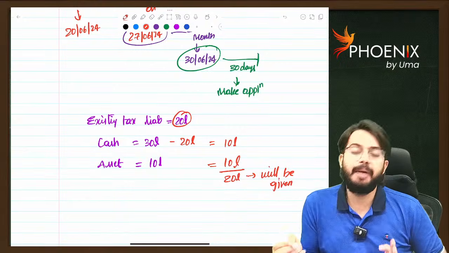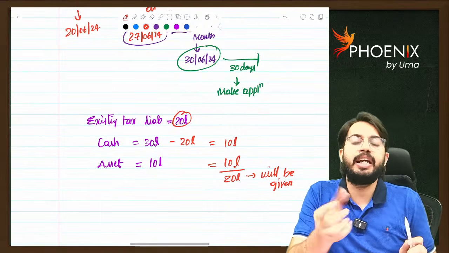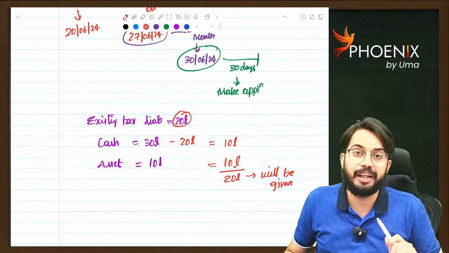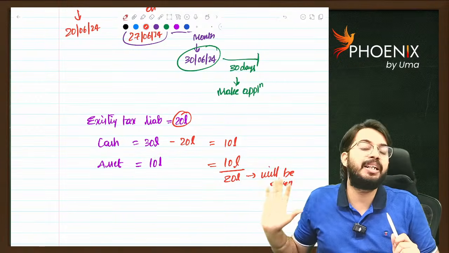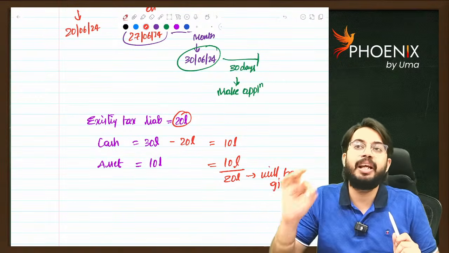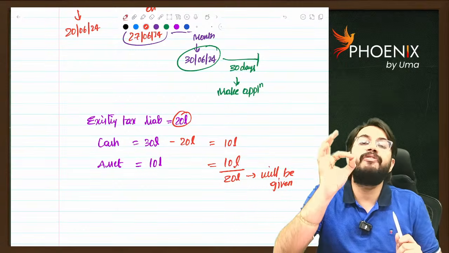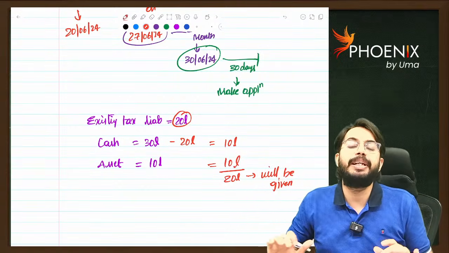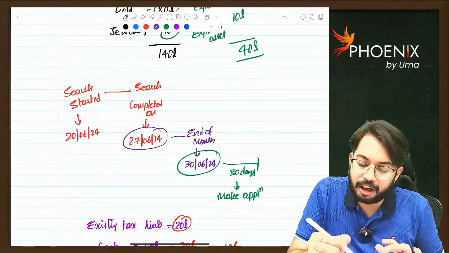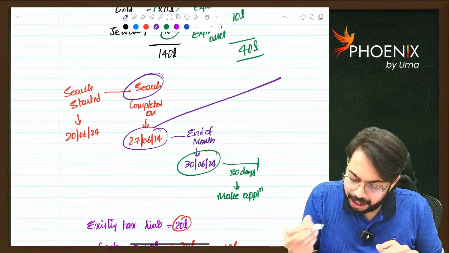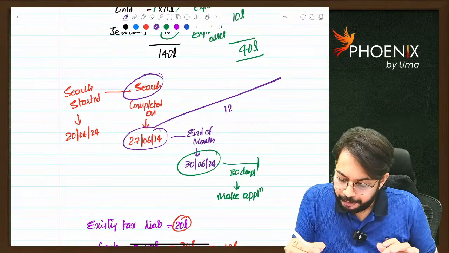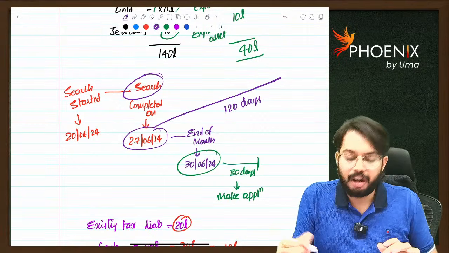Sir, I made application within 30 days from end of month in which search is completed. Within how much period will department give the asset back to me? Department will give asset back within 120 days from date of completion of search. What is date of completion of search? Date of completion of search is 27 June 2024. From 27 June 2024, 120 days.